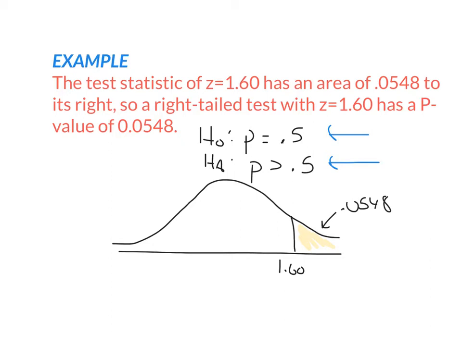And when we ran the test from that problem, we got a test statistic of 1.6, which is really their z-score. The area to the right of that z-score is 0.0548. And to be honest, since that is bigger than 0.05, we would actually fail to reject the null because the probability is too large. It's bigger than 0.05 and definitely bigger than 0.01. But that's what the picture looks like with an example.